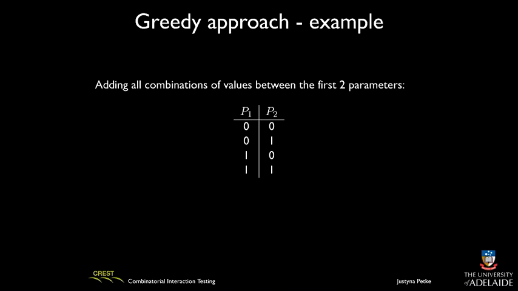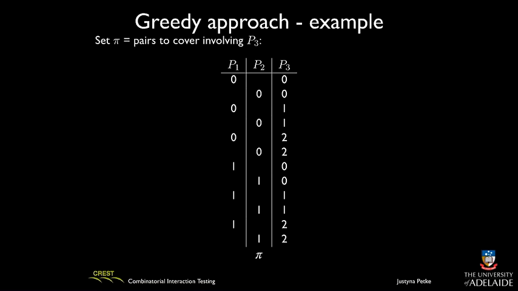So all combinations of the first two parameters, but we're just at two parameters, right? And this is now a two-way interaction test suite for two parameters, but we're missing the third one. How do we add the third one? Well, this one was this intermediate step where we consider, we need to have all the pairwise combinations with whatever happens with the first two parameters. That's what happened in the previous loop.